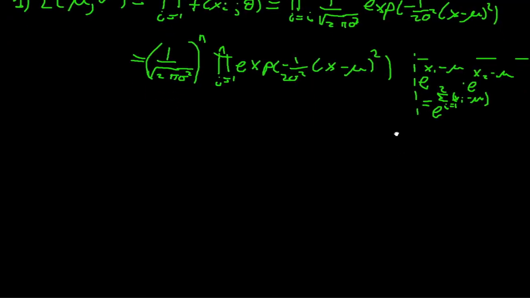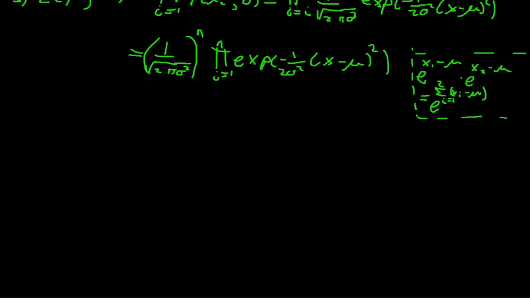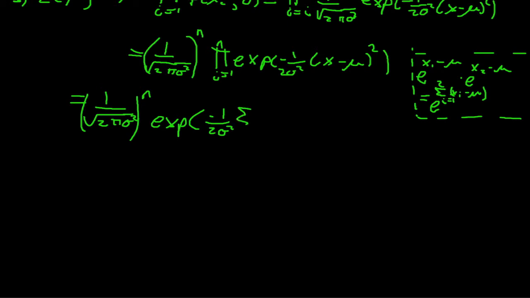So that's exactly what we're going to use right here. So that will give us that this is equal to 1 divided by the square root of 2 pi times sigma squared, raised to the power n, times e raised to the power minus 1 divided by 2 sigma squared, because this does not at all depend on xi, times the sum of (xi minus mu) squared.